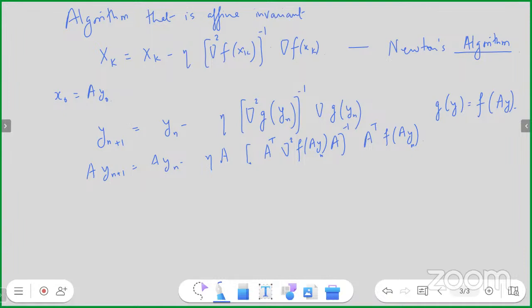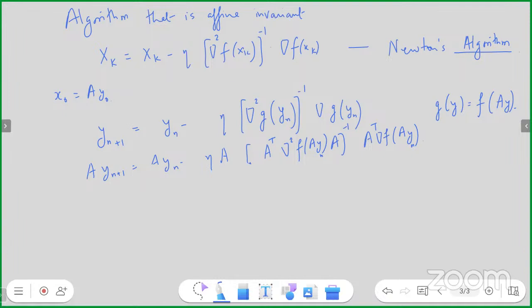You are cancelling out the A inverse and A transpose from both sides. So it will be eta Hessian of f of A y inverse, and gradient of f of A y. What else am I missing? You're opening this inverse somewhere.